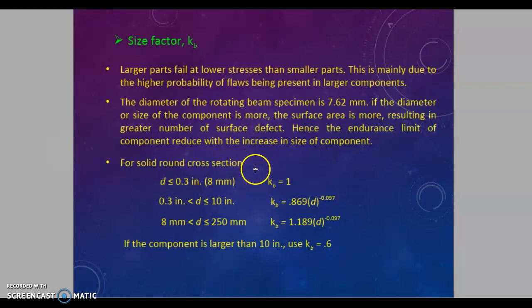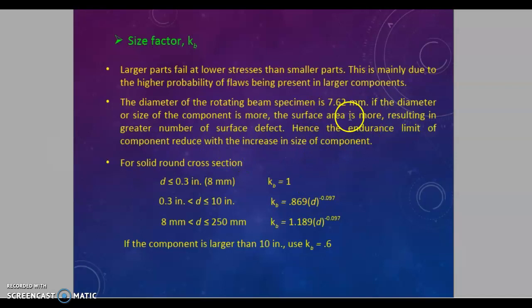See, for a solid round cross section, if d is less than 0.3 inch, Kb is 1. At various diameter values, Kb varies. If the component is larger than 10 inch, use Kb equal to 0.6. For small values, Kb is higher, and as the value increases, Kb decreases.